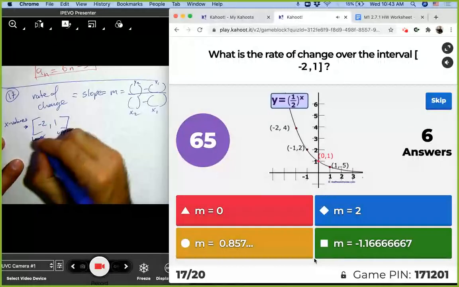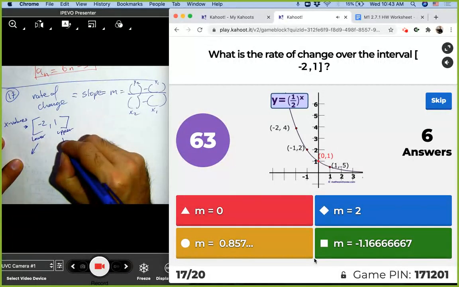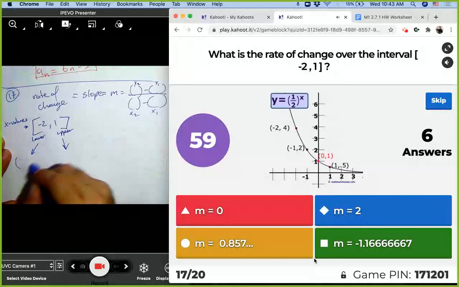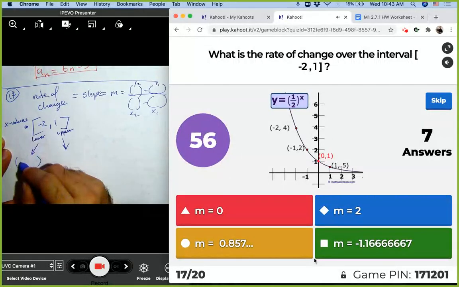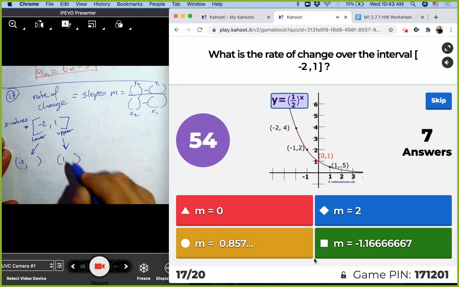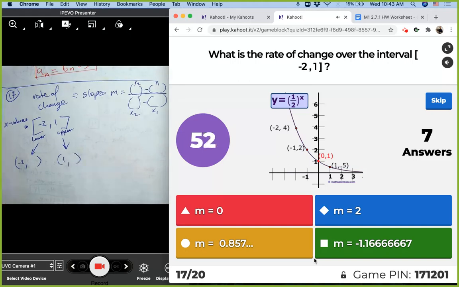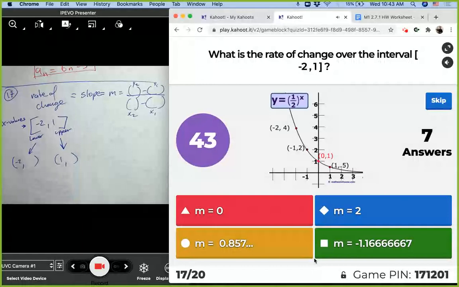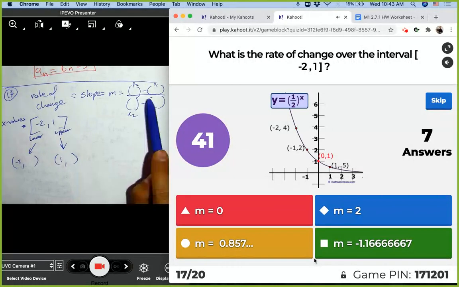So first off, these represent 2 points because these are both x values. The lower x value is -2, the upper x value is 1. So once I figure out what y value goes with -2 from the graph, what y value goes with +1 from the graph, then I could label them and plug them into the slope and find my answer.